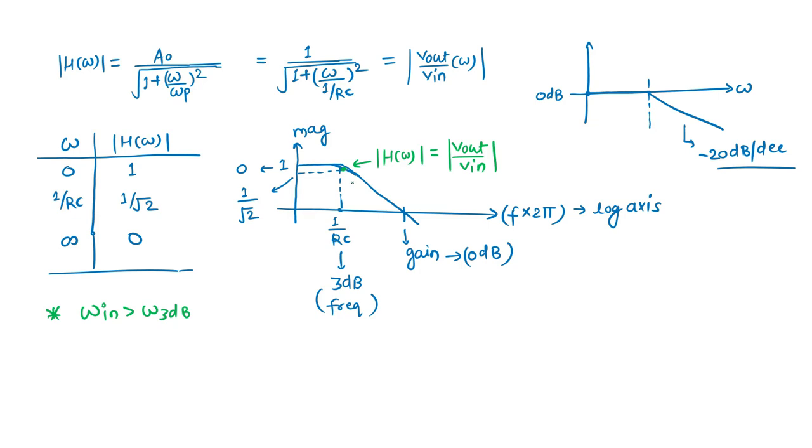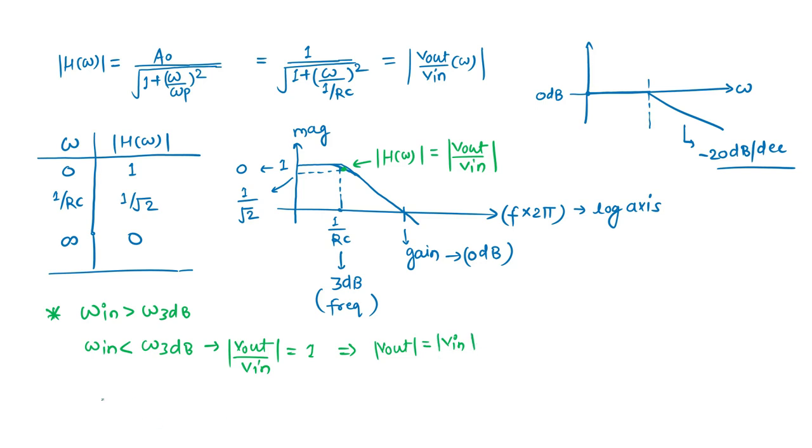Okay, so till this frequency, or I will say when omega in is less than omega 3 dB, my output by input, which is called the transfer function's magnitude, is equal to 1. That means my output is equal to input in terms of magnitude, the amplitude of output is equal to the amplitude of input.